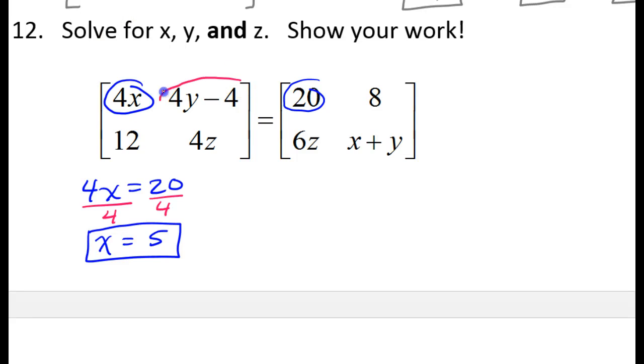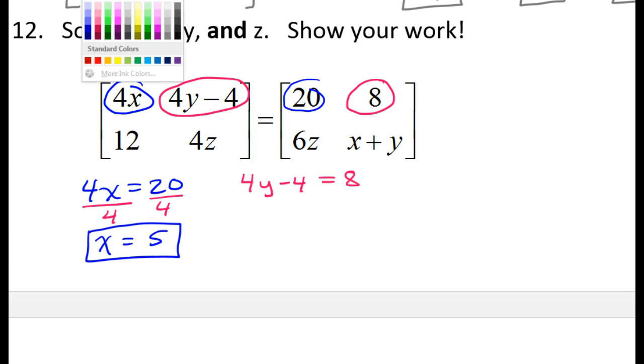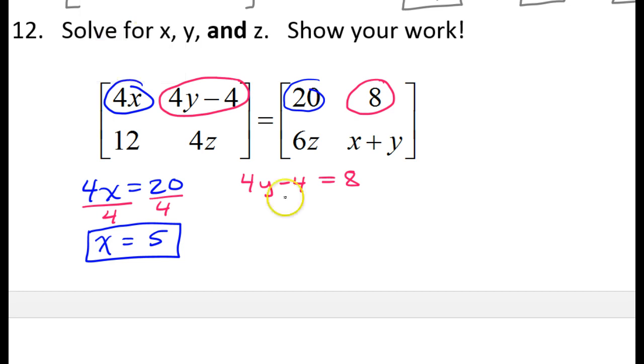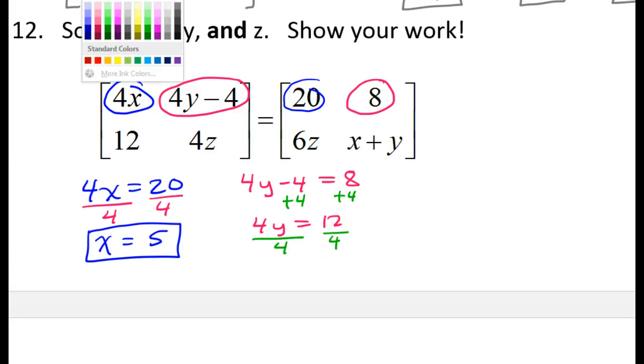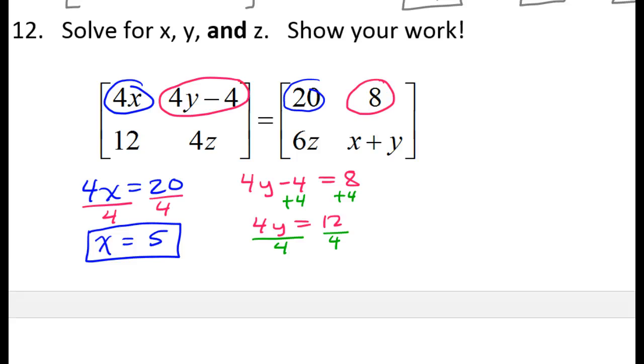Now 4y minus 4 must equal 8. Okay, so we would add 4 to both sides. So 4y must equal 12. Dividing both sides by 4, we get y equals 3.